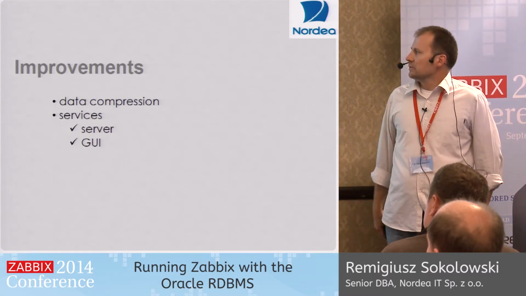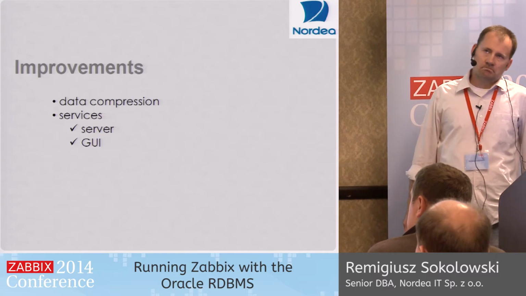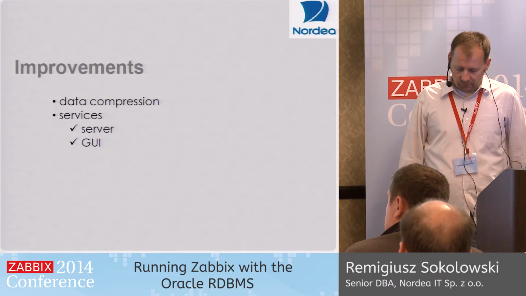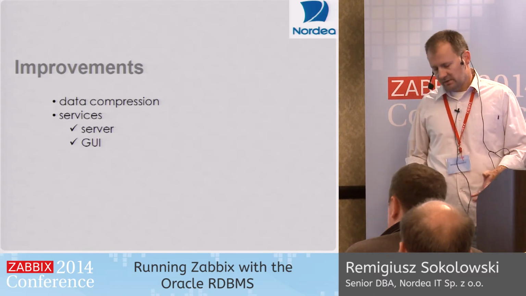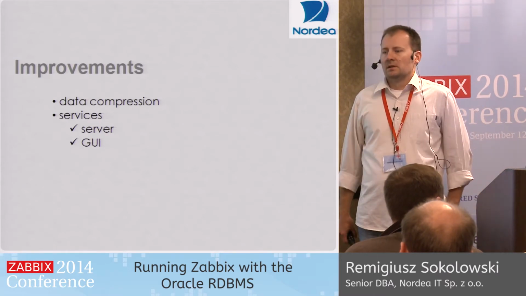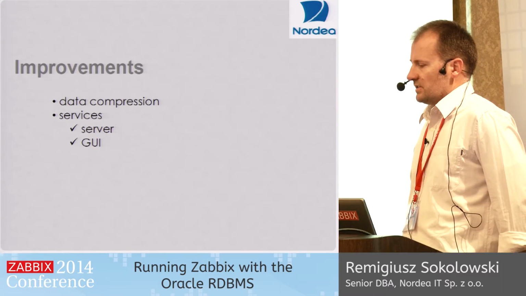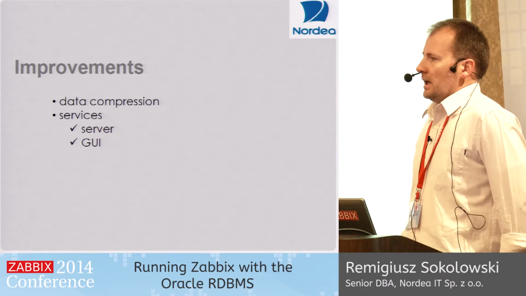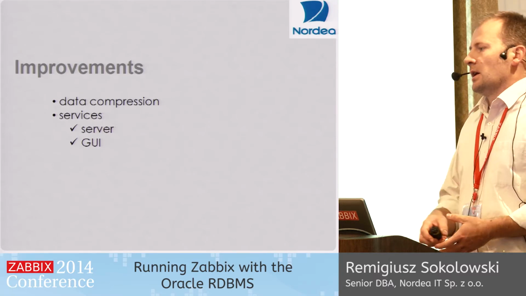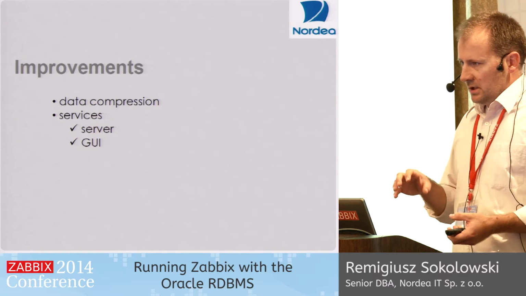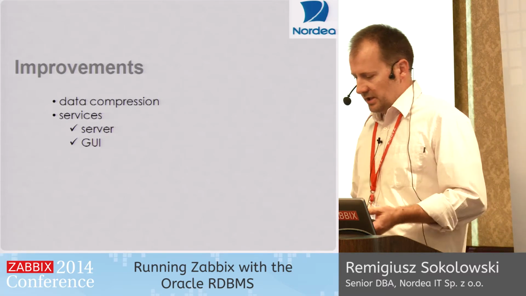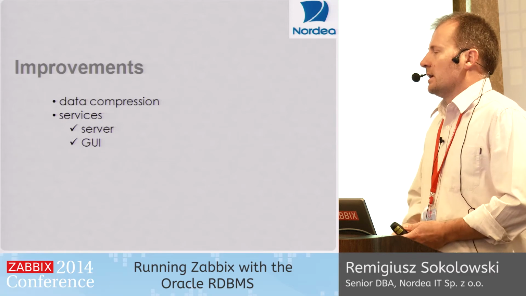Another thing which you can use is data compression. This would be very cool if you would use it, because for certain kinds of values, this data compression can be even 1 to 10. So it changes very much the volume of the data. And this is very important because you still have the same amount of memory and you have those compressed blocks, so you can have much more data within the same amount of memory.